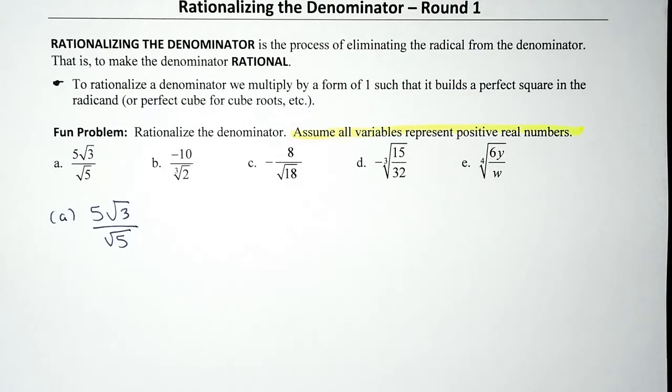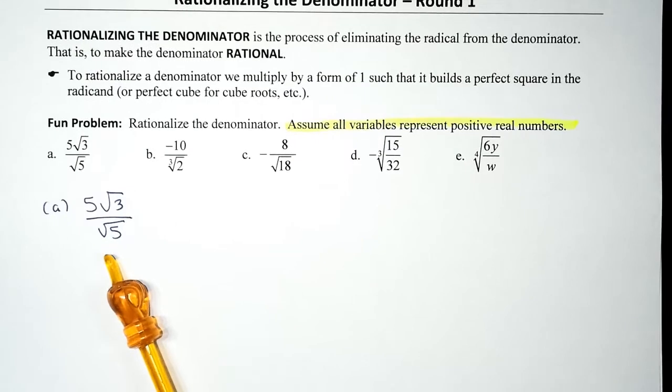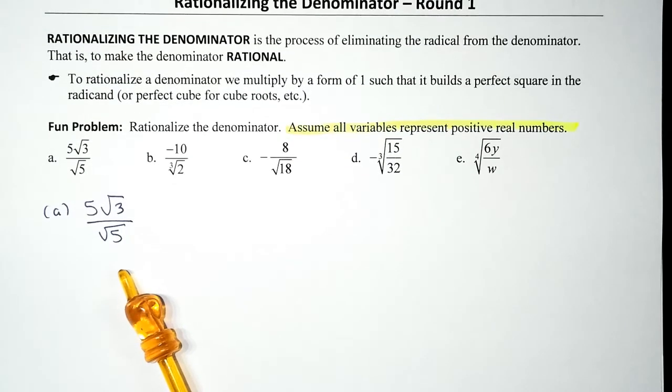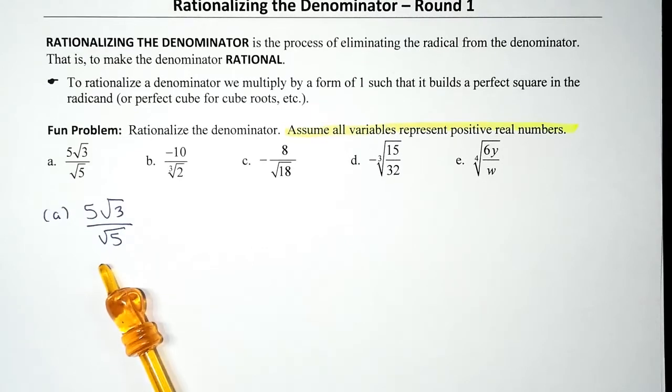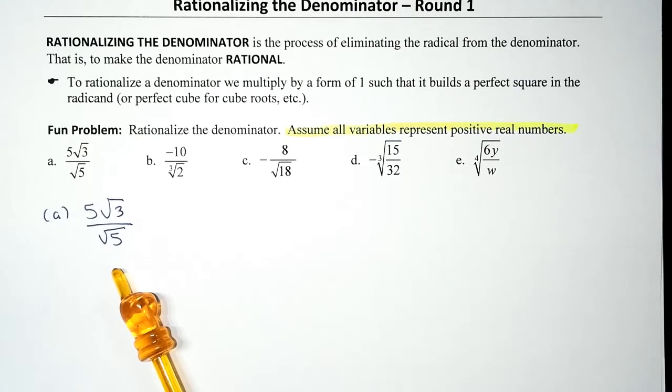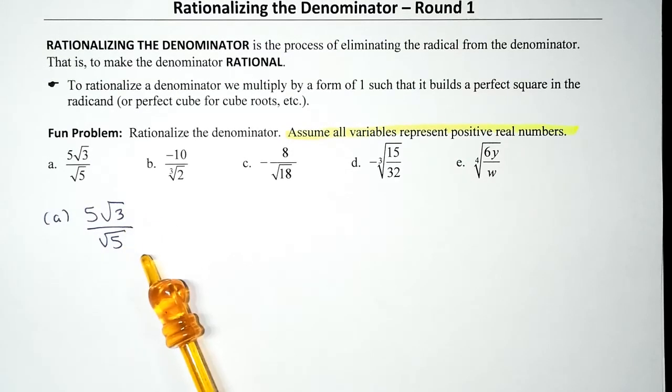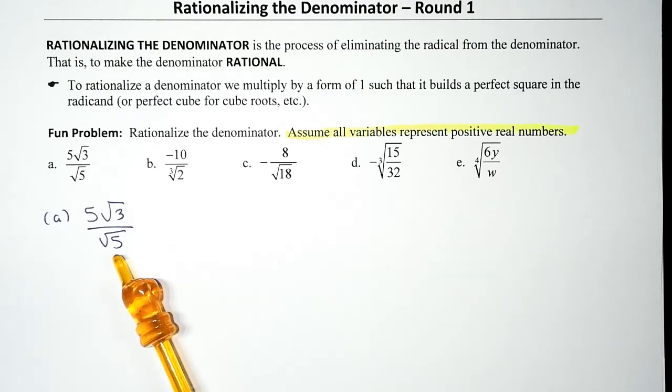To rationalize the denominator, first you have to ask yourself, how many terms do you have in the denominator? If you have one term, then this is how you're going to handle it. If you have 2 terms, then you've got to wait for round 2. But if you only have 1 term and you want to get rid of the radical, pretty much you have to multiply top and bottom by an equivalent form of 1 so it makes the radicand a perfect square.